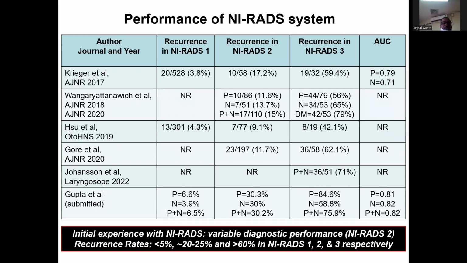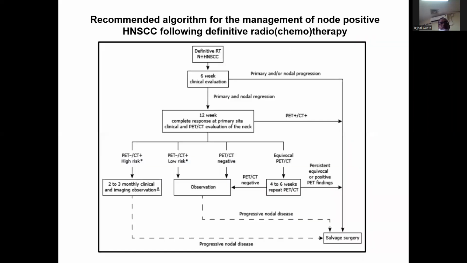As you can see, the recurrence rates are much lower in NIRADS 1, around 5%. They vary in NIRADS 2 between 20 to 30%, and more than 50 to 60% loco-regional recurrence in NIRADS 3, which is expected. So NIRADS, although a useful system, has variability in its diagnostic performance.